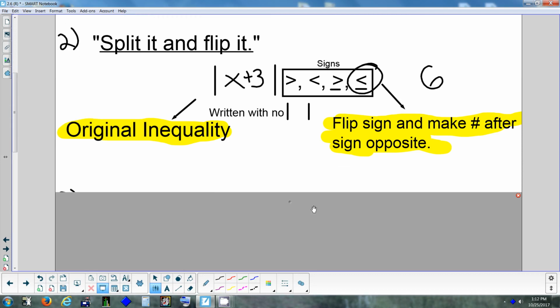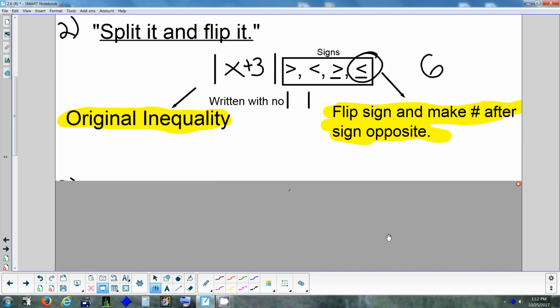Someone raise their hand and tell me what it would be. Joe? Well, if you split it, wouldn't it be x plus 3 is less than or equal to 6? Yeah, there it is. Exactly the same, just without the bars. And for both of them that we split, we make sure that there's no bars. We never write it with any absolute value bars once we split it.